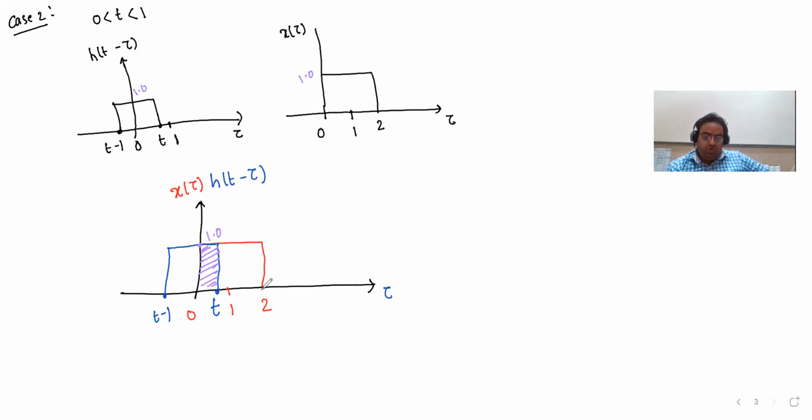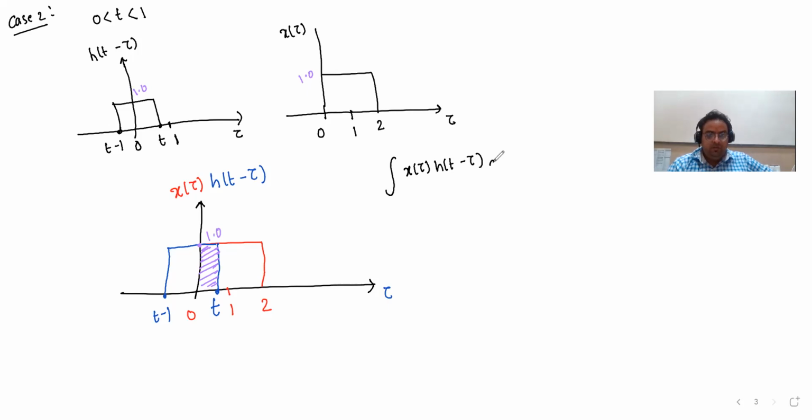From 0 to 2, x of tau is present, but h of t minus tau is present from 0 to t only, where this t is less than 1. So this is the only part where h of t minus tau is overlapping with x of tau.